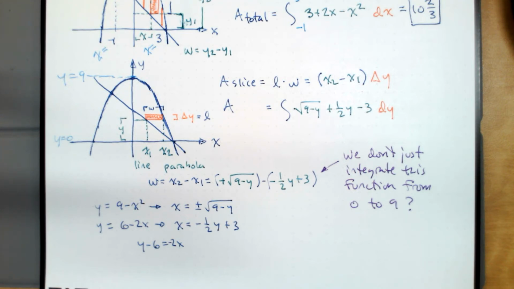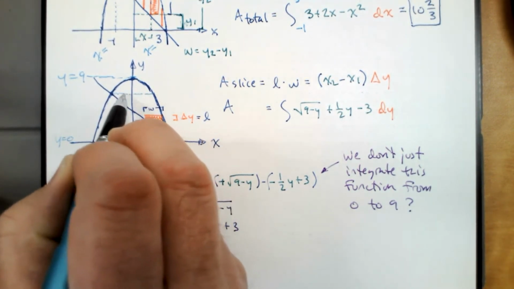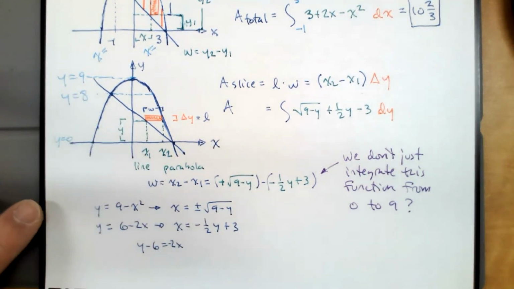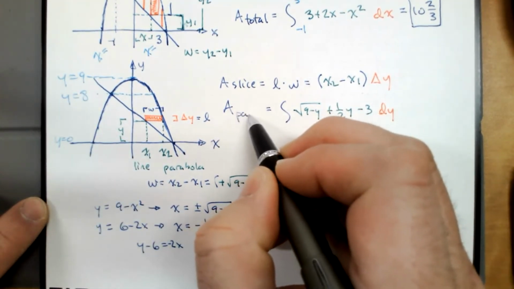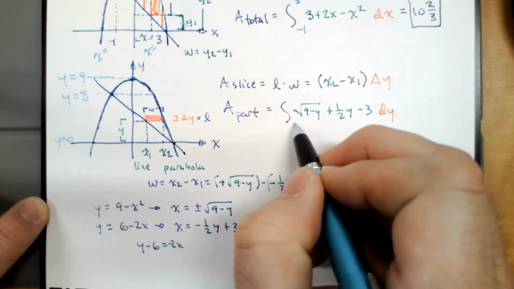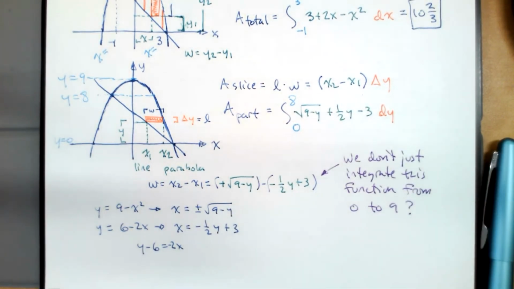After we get to y equals 8, the left and right change. The line is no longer part of the picture. It would be appropriate to integrate this from 0 to 8, but that would only give us the first 8 units of this stack.